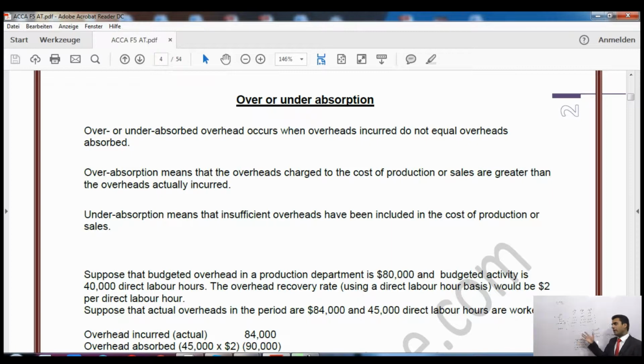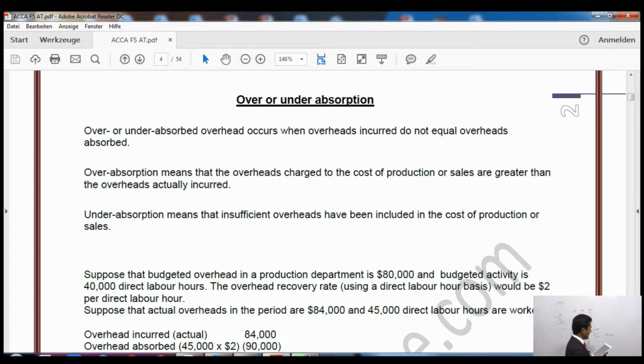While making the budgets, while making the statement, we have given more overheads than we should have, because the actual case tells us that we should have incurred less overheads. We should have absorbed less overheads. So in that case we have absorbed more overheads, so that's why it is called over absorption. And the other way around is under absorption.